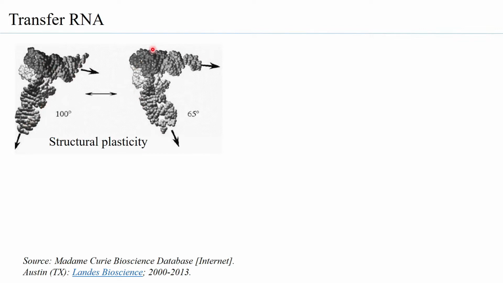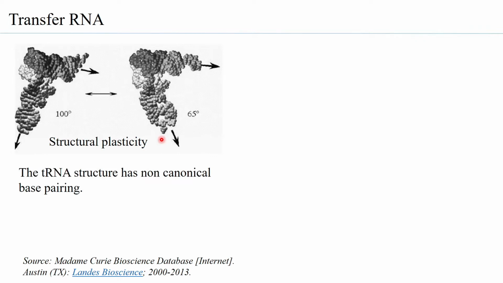But say you have the same tRNA interacting with aminoacyl tRNA synthetase, then you have a conformation such that the angle between the acceptor arm and the anticodon arm is 65 degrees. So this is indicative of the fact that there is quite a level of plasticity in the tRNA molecule, but there is also a level of rigidity, and both the plasticity and the rigidity of the tRNA contribute to the final functioning of the tRNA molecule.